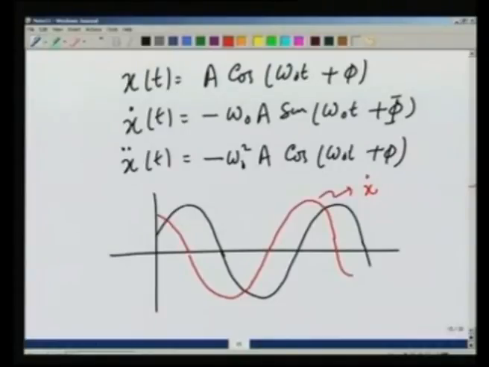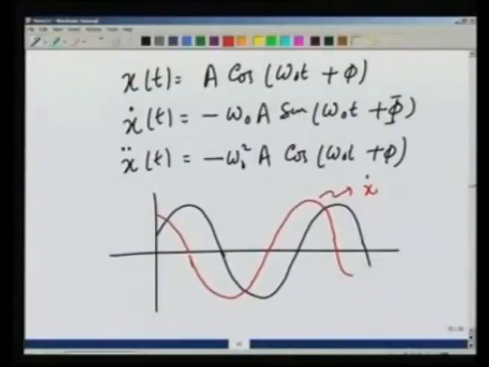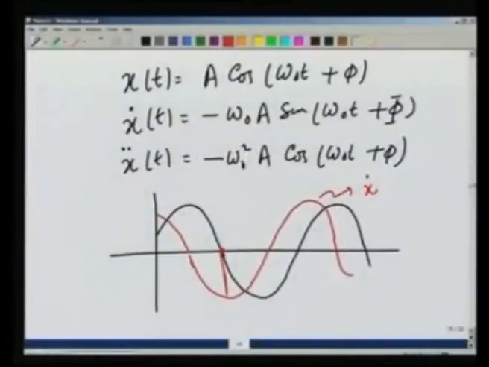At the maximum displacement, the velocity becomes 0. As the mass in the spring mass system goes to its maximum displacement, it stops momentarily, then it starts coming back with negative velocity. Again, when it passes through the equilibrium point, when the displacement is 0, its velocity is maximum, it is going back with maximum speed, and then its speed starts slowing down, it reaches 0 again when it reaches the other extreme, and so on.